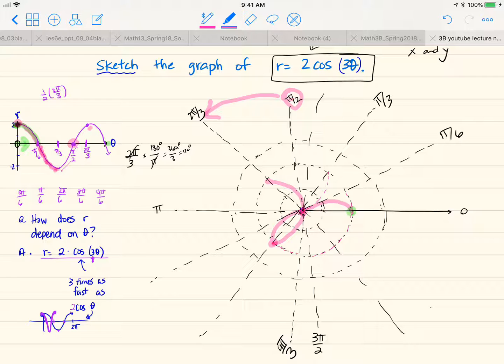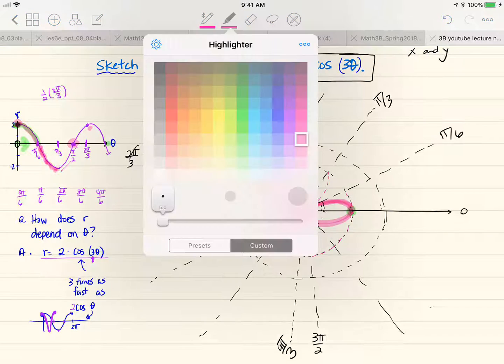And so the repeating action is going to give me these little petals. I'm just going to keep looping out and out and out. Okay, and here's something to note.